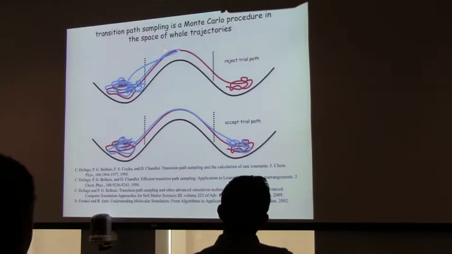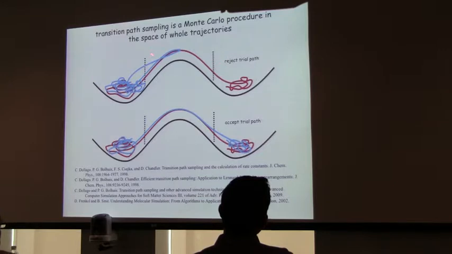And in this case now, instead of making a successful crossing through the transition state, this trajectory is effectively falling back into the reactant well. So it's no longer a reactive event. And what I would do is I would just throw away this blue trajectory and try again with different random perturbations on the red trajectory. Okay, so that's the idea.